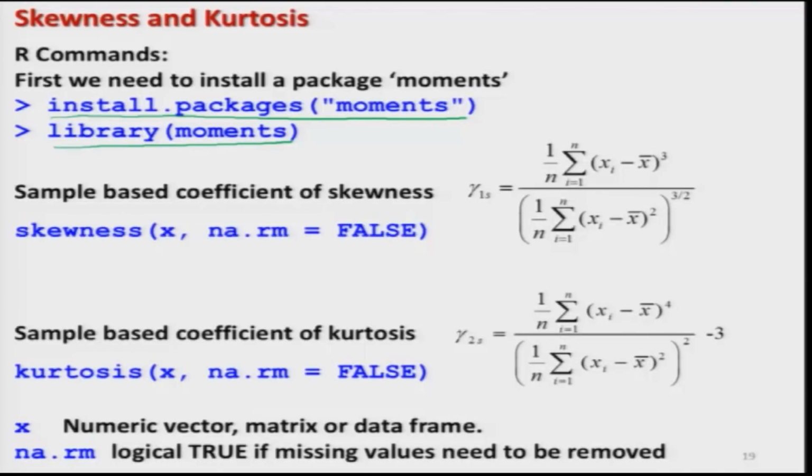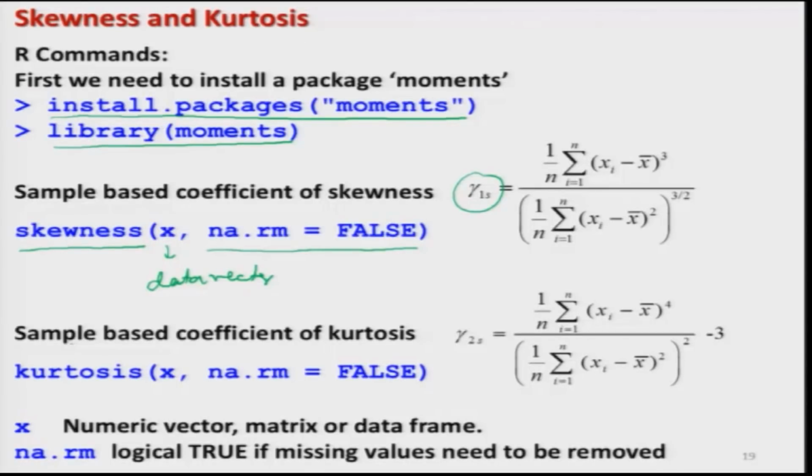And now the sample based coefficient of skewness, which was our gamma 1 s, will be computed by the expression skewness with the data vector x. If you want to use na.rm, which is for missing values, you set it to false, which means there are no missing values, and if there are missing values we will simply write na.rm is equal to true.